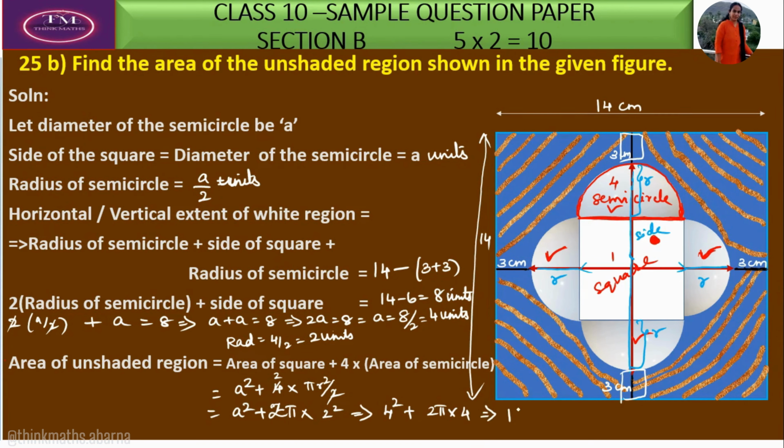So 4 square is 16 plus 2 into 4, 8 pi. So the area of the unshaded region is 16 plus 8 pi units. You can substitute 22 by 7 and calculate, or just leave it as 16 plus 8 pi units. So this is the area of the unshaded region.